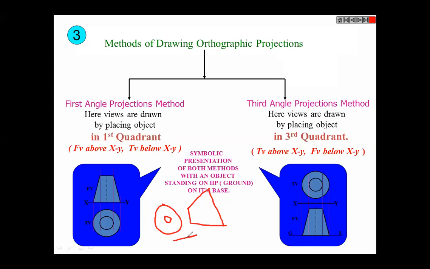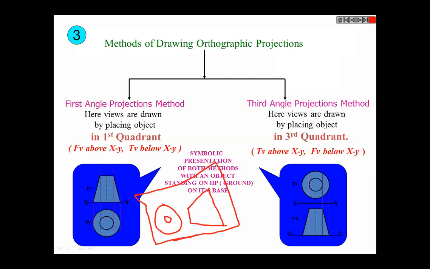Which projection method is this? This is the symbol for which projection method, first or third? Answer me.